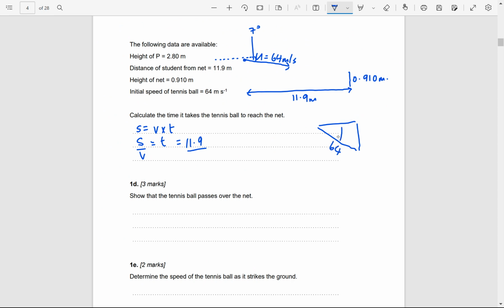So we know that if this is 64 and that's 7, then this is the initial horizontal, which is 64 cos 7.